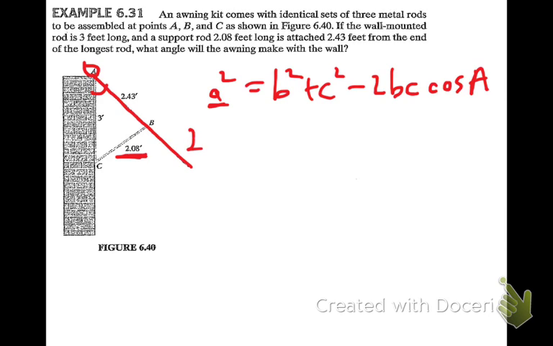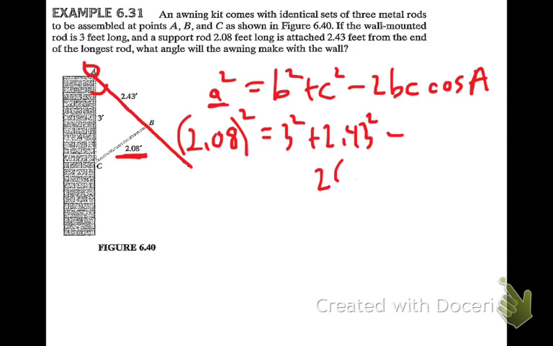So we've got 2.08 squared equals 3 squared plus 2.43 squared minus 2 times 3 times 2.43 times the cosine of A.